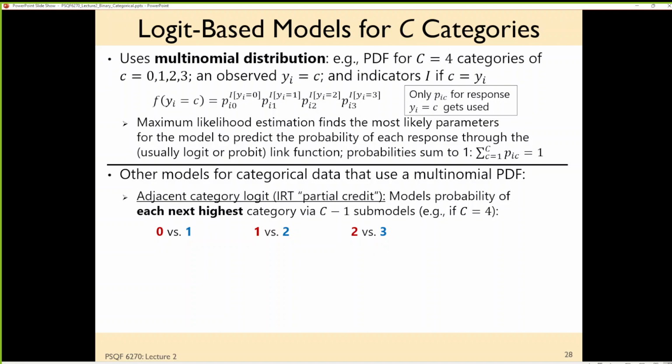Couldn't you set up just a regular logit with 0 versus 1, and have just 3 separate models? Yes. It is not different if you make the slopes all different. So if you literally carved up your outcome into 3 binary variables like this, and you fit a separate model for each, that should give you the same conclusions as if you fit this model so long as you allowed the slopes to differ.